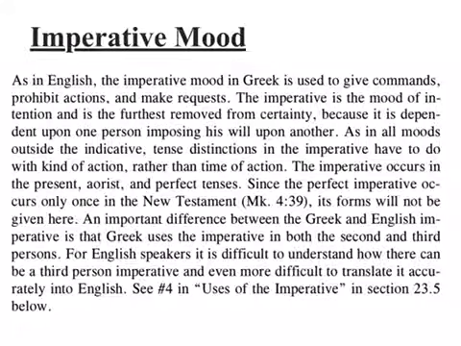So the imperative mood, this is basically the Greek way of giving a command. In English, we only have the imperative mood in the second person, so you do this. But in Greek, it's in second person and third person. So not only you do this, but it could be let him do that or make him do that.